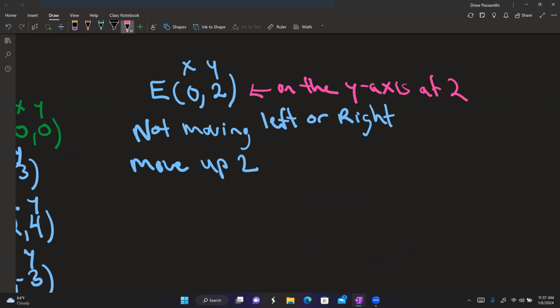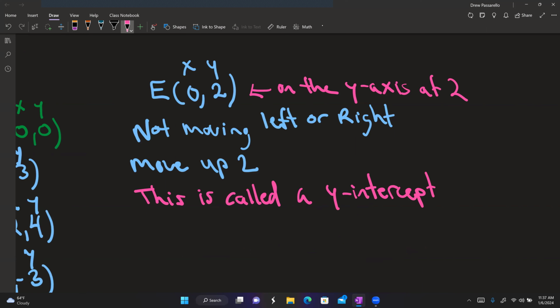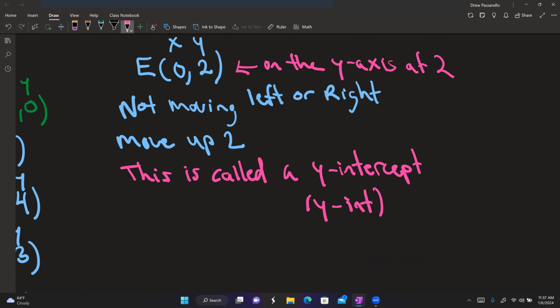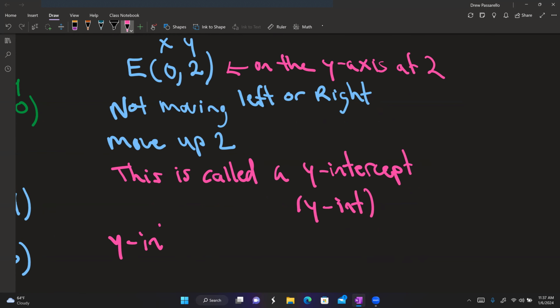So this is called a y-intercept. And usually I would just abbreviate that as y-int. And so the y-intercept we would say is 2. All right, we refer to it by the y-coordinate.